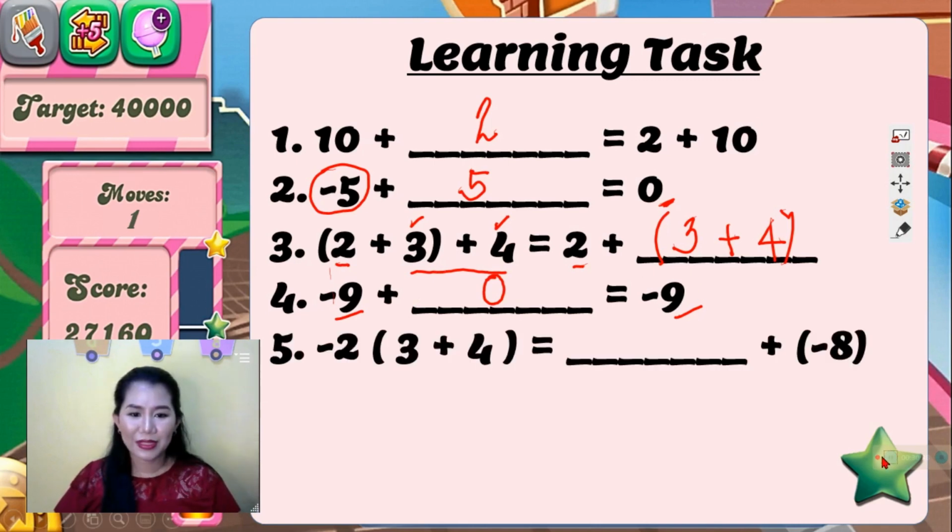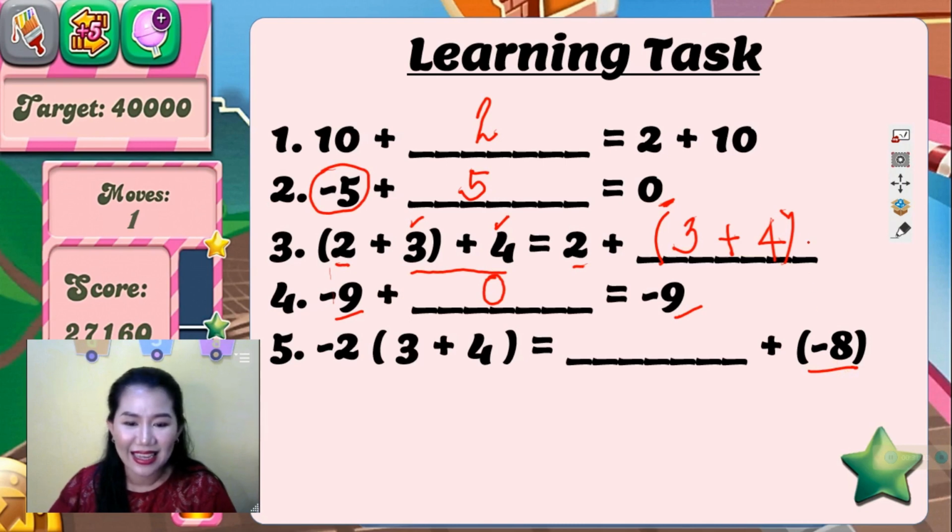Okay, so for number 5, we have negative 2 times 3 plus 4. Okay, so anong property i-apply natin dito? We're going to apply distributive property of multiplication over addition. So, negative 2 times 3 plus 4 is equal to blank plus negative 8. Saan ba galing tong negative 8 natin?